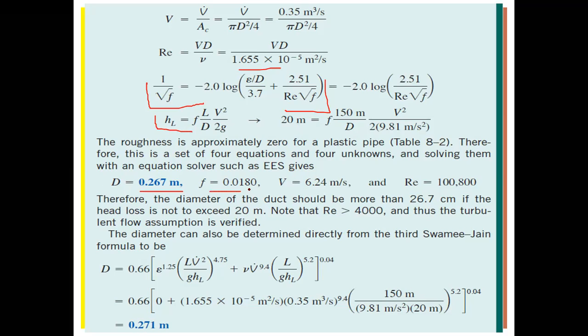f is given, V is given, and Re we have to find. Therefore, applying this formula, substituting all the values, with L equal to 150 divided by 9.81 into 20 meters, the power of 5.2 into 0.04, we are getting the value 0.0271.